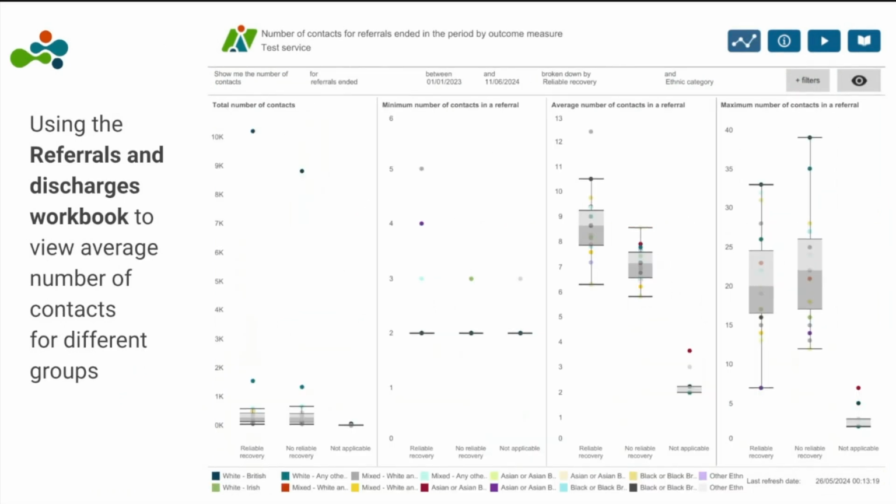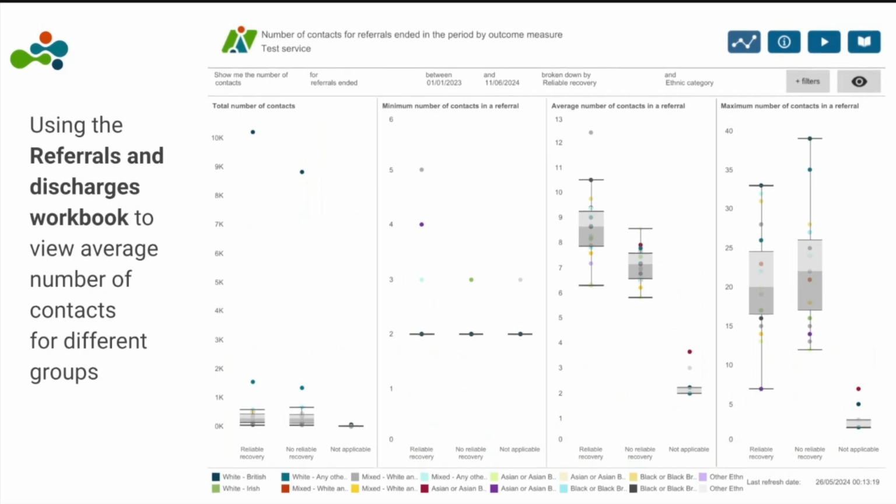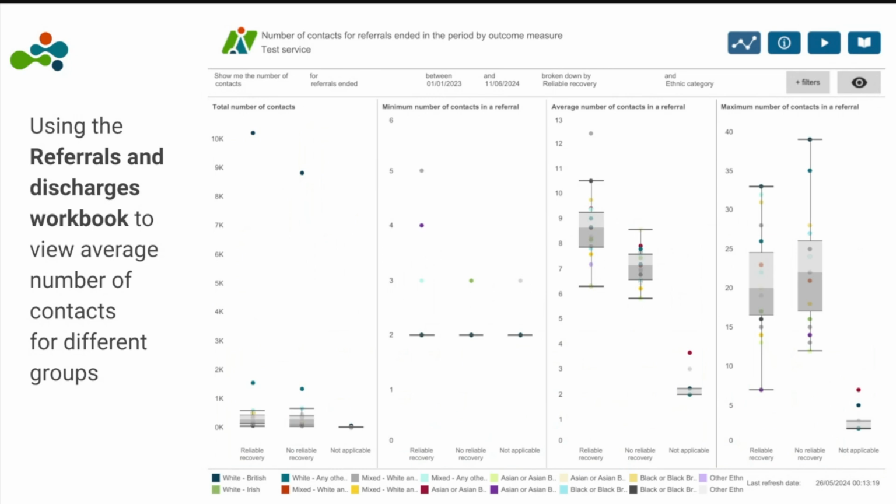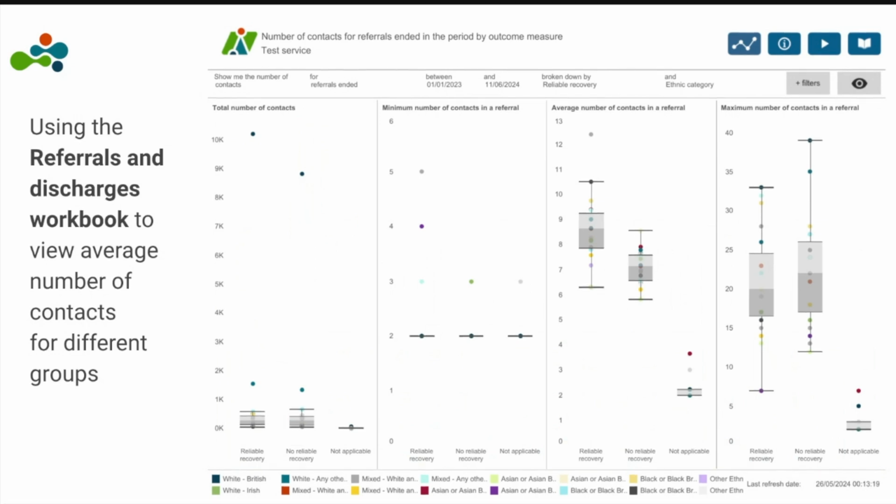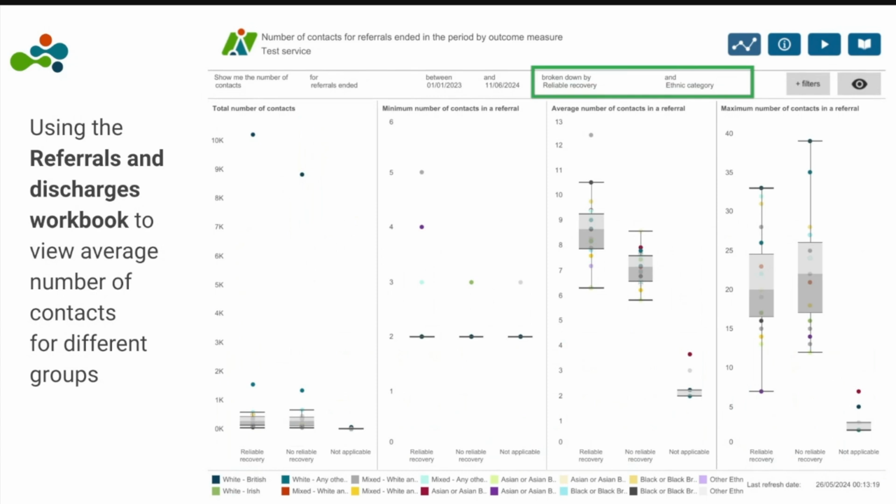Also in the referrals and discharges workbook, we can examine the number of sessions that people are having on average during the course of treatment. So in this case, we have still got it broken down by reliable recovery and ethnic category.